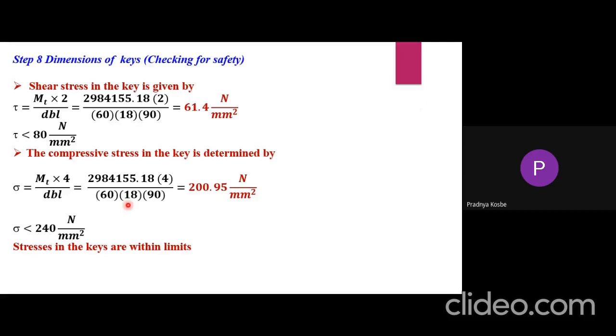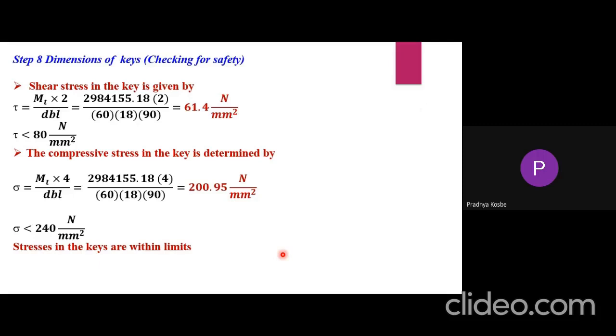So 200.95 is less than 240 Newton per mm square. So in both the cases, that is shear stress developed in the key as well as compressive stress developed in the key, both are within permissible limit.